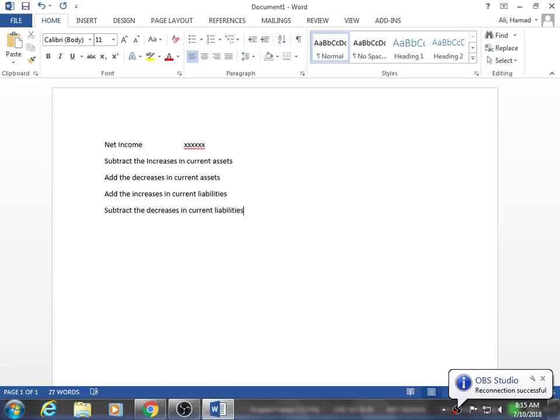That's a long-term investment. So if you purchase an investment, do you have inflows or outflows? You are purchasing, so that's going to be outflows. When you purchase, you pay for it, correct? So that's going to be a negative 78,000.